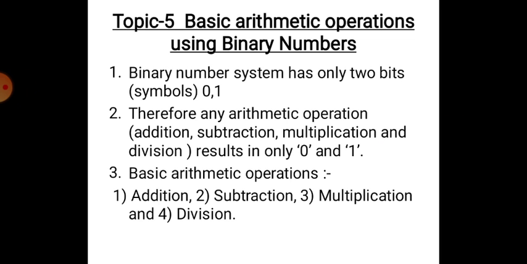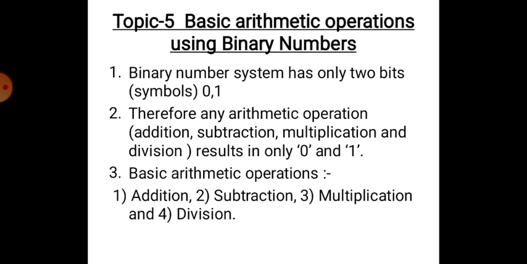Point number 1. Binary number system has only two bits or symbols, that is 0 and 1. Students, you know very well binary number system has got only two symbols, and that is why it is called binary, and the symbols are 0 and 1.